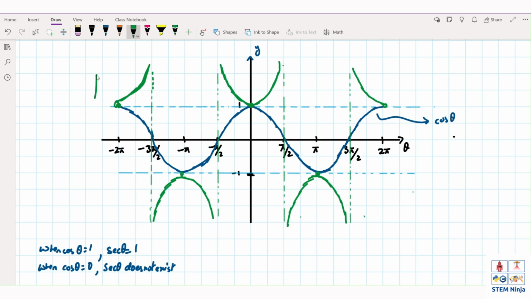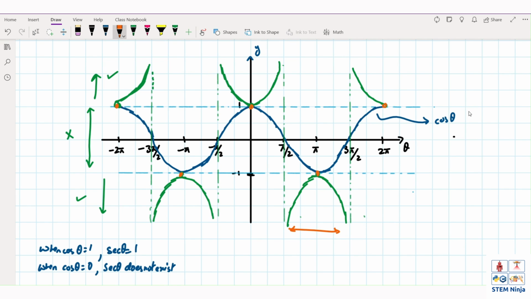So beyond 1, it exists. Below -1, it exists. But in between 1 and -1, it does not exist. So the maximum and minimum values it can get, in the respective ranges, not globally, but locally, in a restricted range, the minimum it can get is 1 or the maximum it can get is -1, for example, in this particular domain over here.